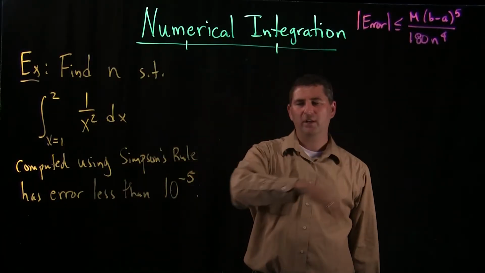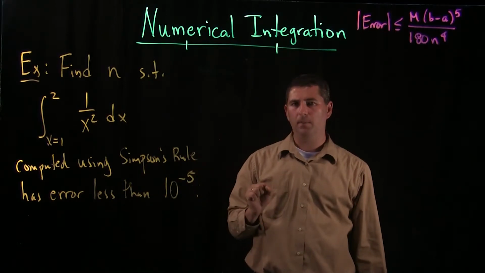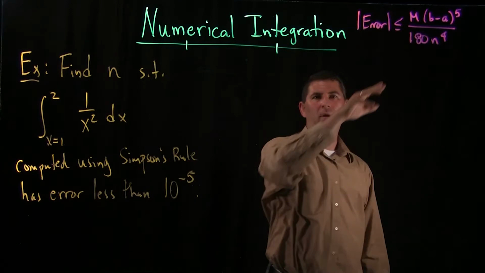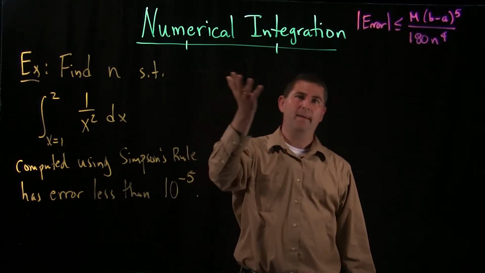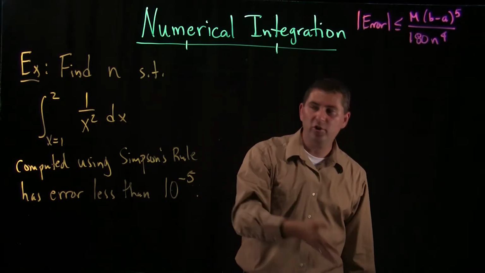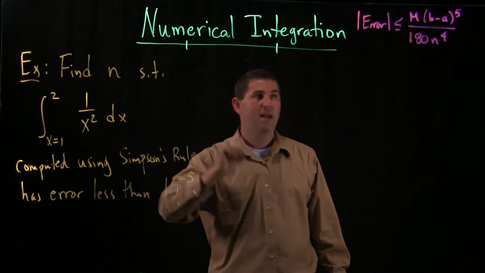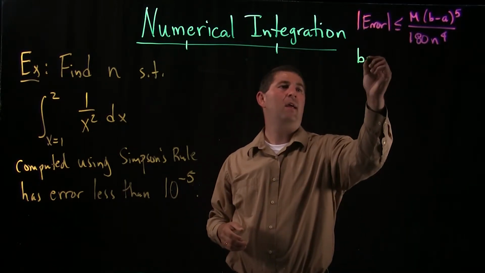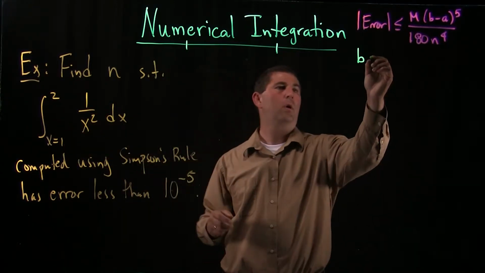Okay, now that we've got the board cleaned up, we're going to try to solve this problem. So we know that the error is going to be bounded by this number M, which was the max of the absolute value of the fourth derivative of the function, which is 1 over x squared. The rest of this is not so bad. Let's write it down. Our b is 2.